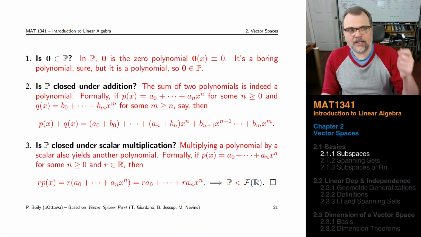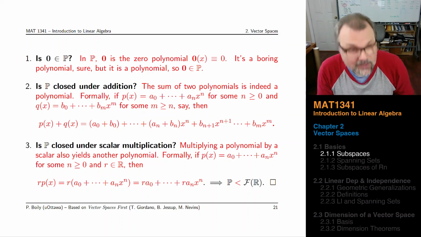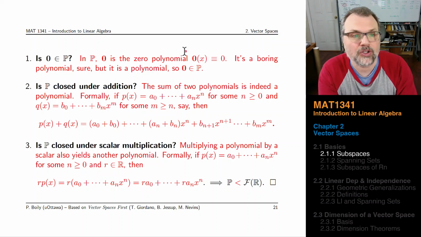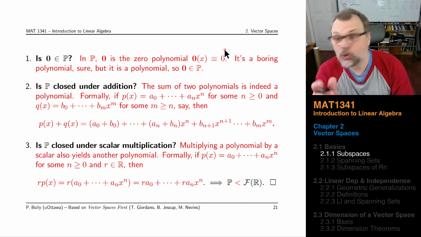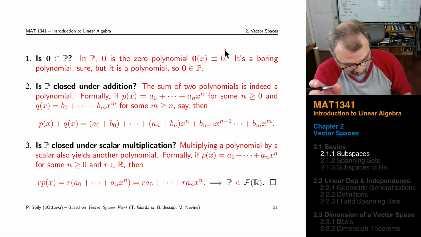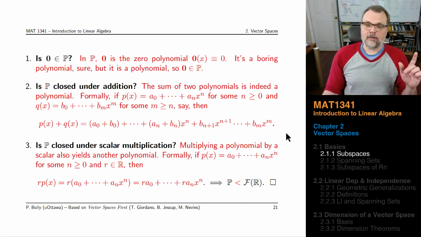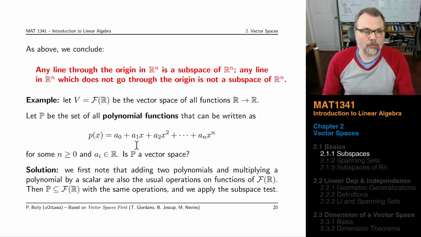So, is 0 in P? Sure, in P the zero vector is that special function, the zero polynomial, which here I write 0 with a little x to remind us it's a polynomial, and that's the polynomial that's always equal to 0. It's not a super interesting polynomial, but it definitely satisfies the condition to be a polynomial, right?